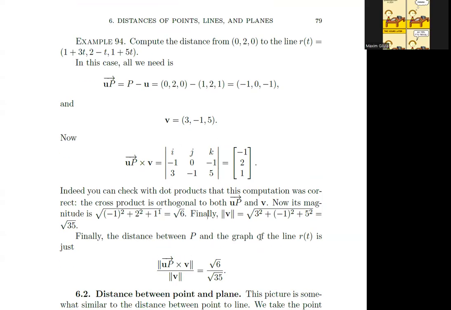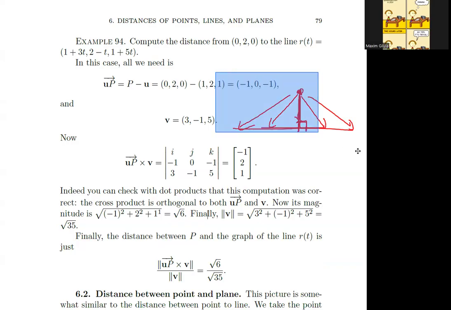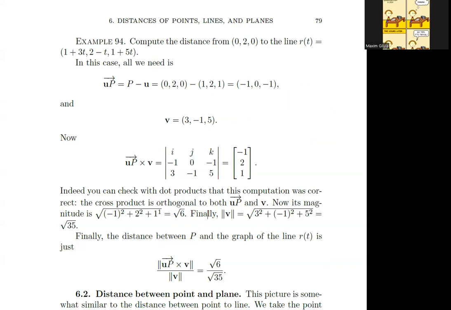So the distance between P and this line R of T is the magnitude of UP cross V over magnitude V. So notice this distance really makes sense because if I have a point, the distance between the point and the line is just the shortest distance. So it should be whatever this is that makes a right angle with the line, which happens to be an orthogonal projection of something very nice that we can easily describe.